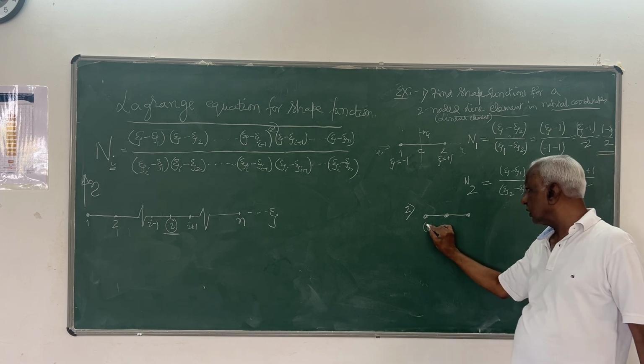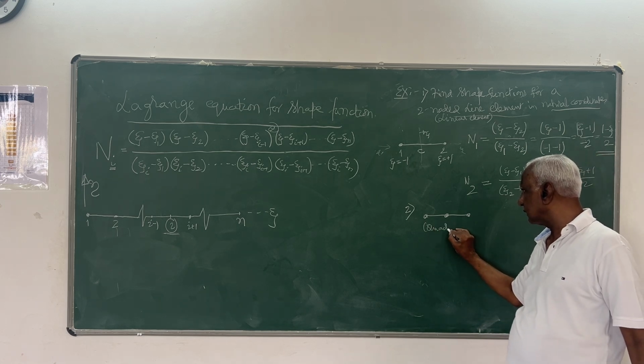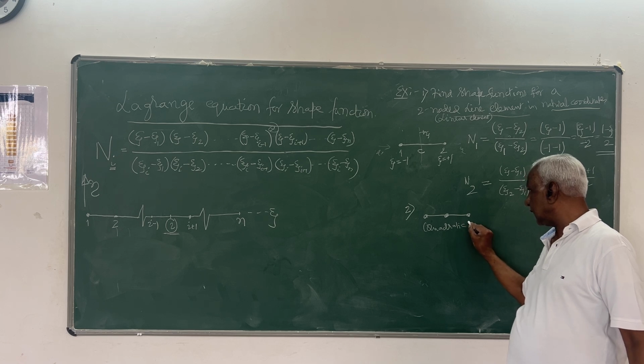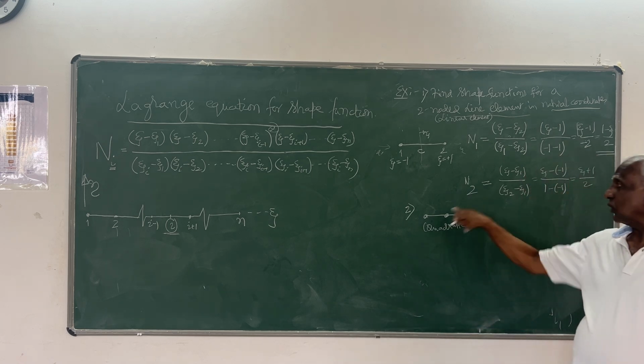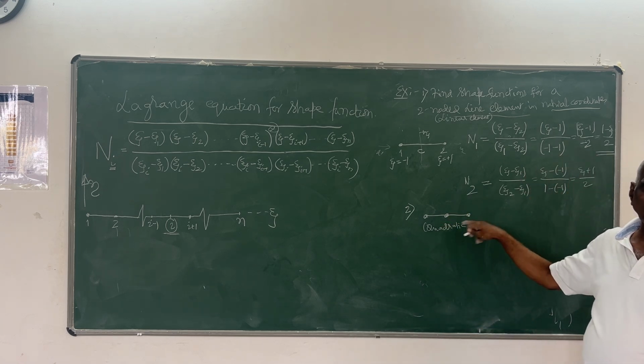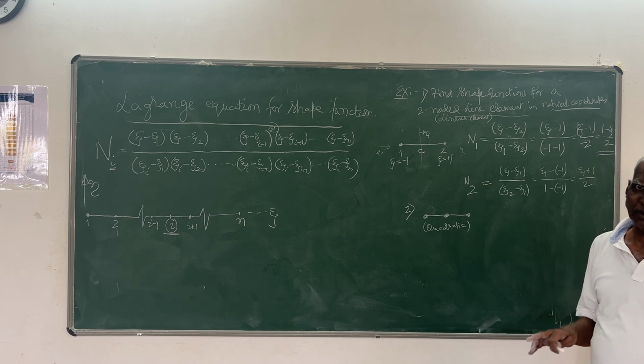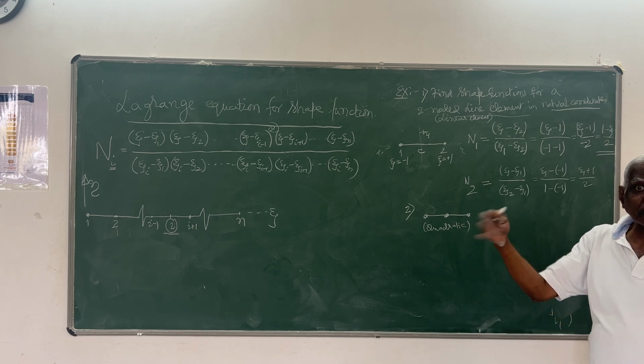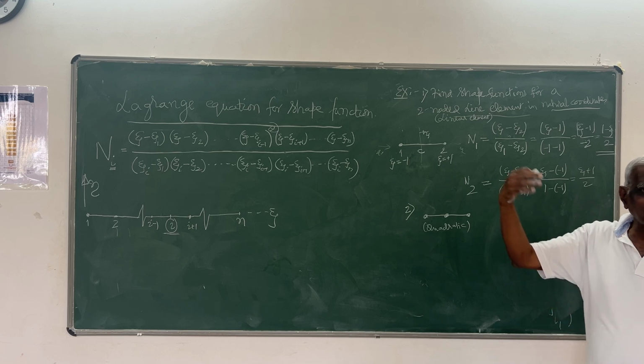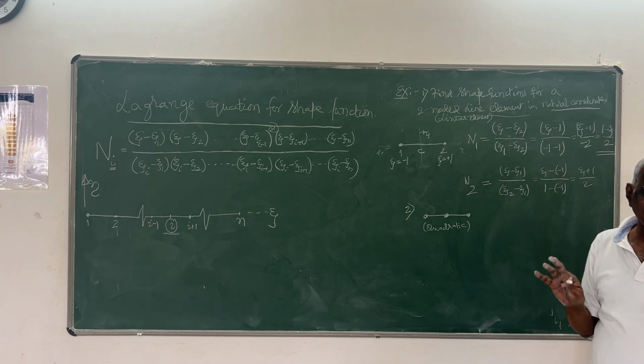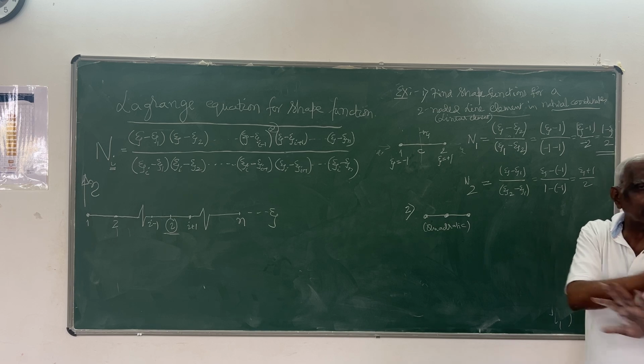This is called the quadratic line element. If you have one more node, it is a 4-noded cubic line element. See, the degrees of freedom are varied, so the shape function also varies. Simply, in one dimension it is not constant.